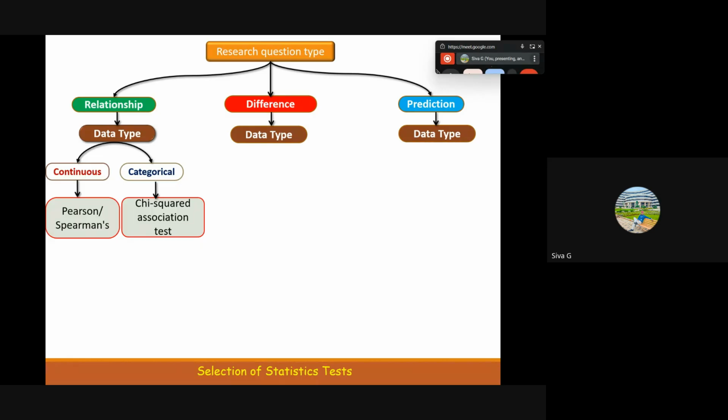Now coming to the difference. Again, same continuous and categorical. If you have continuous random variables and want to find the difference, many people will suggest that the strong one is the t-test.